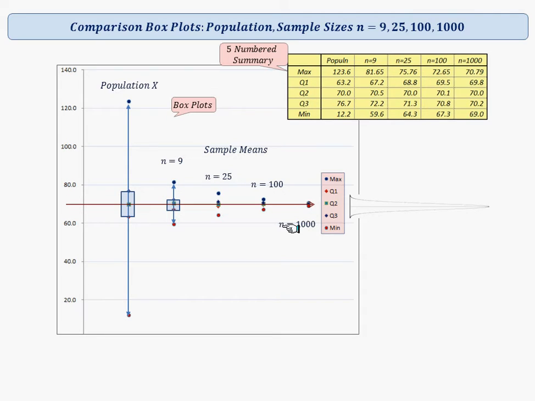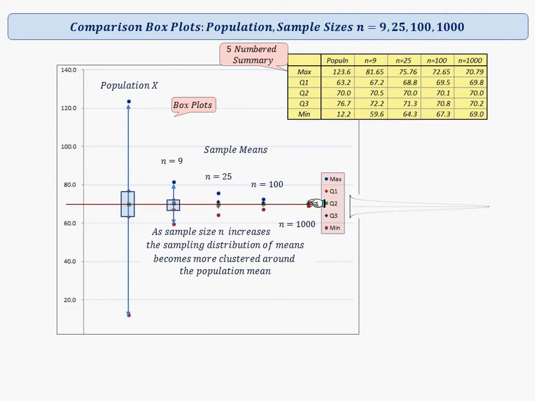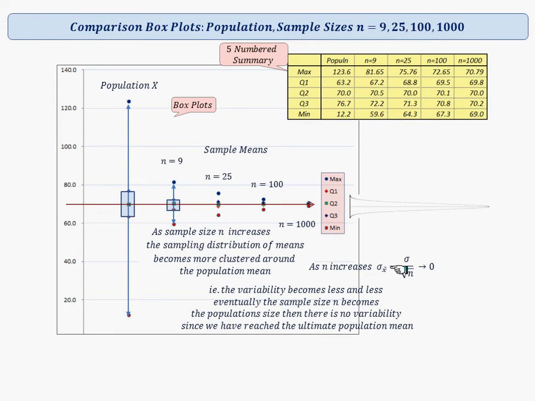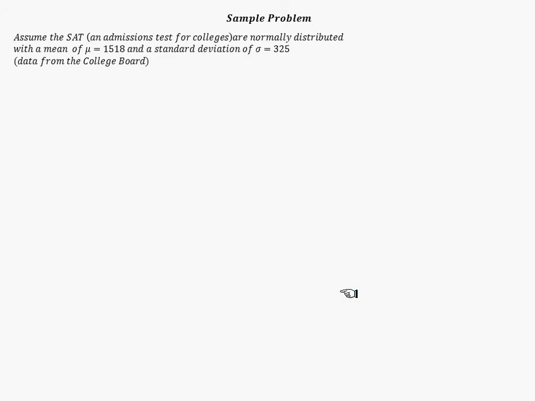This suggests that as n increases, these box plots will get smaller and smaller, eventually going to 0. As n increases, sigma sub x bar, which is variability, will get closer to 0. And when n becomes the population size, then sigma sub x bar will be 0 because there's no variation in the x bars.